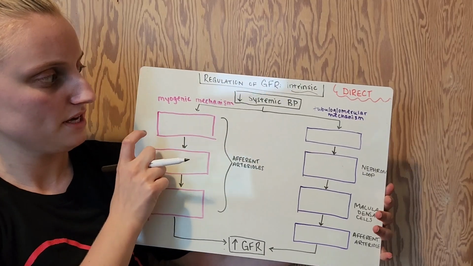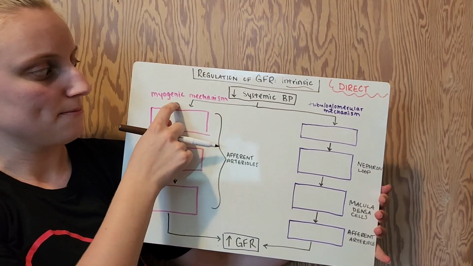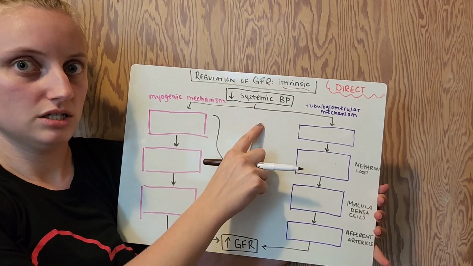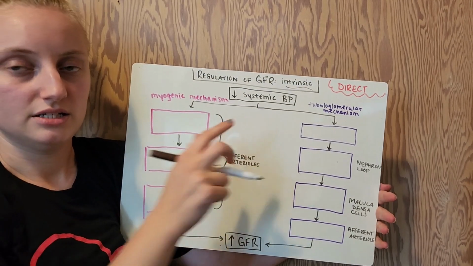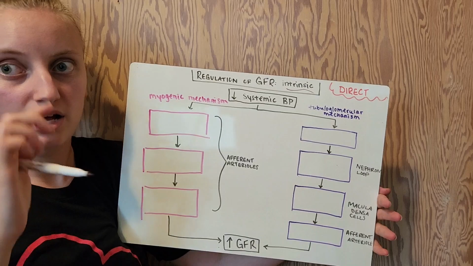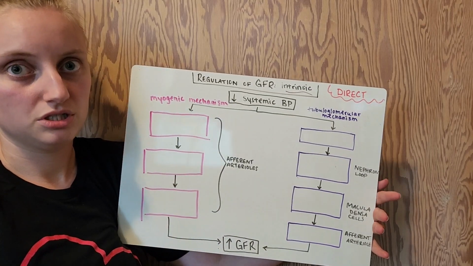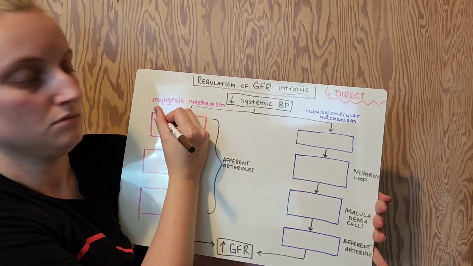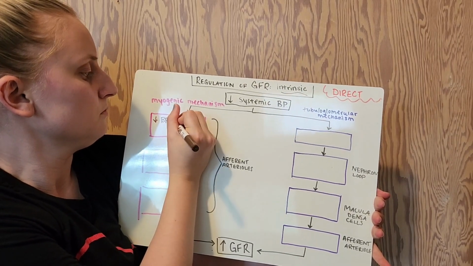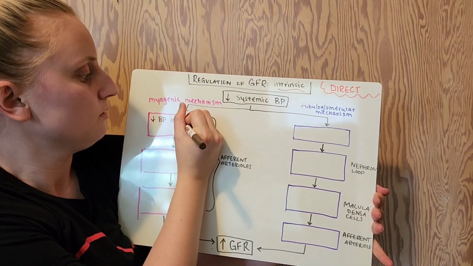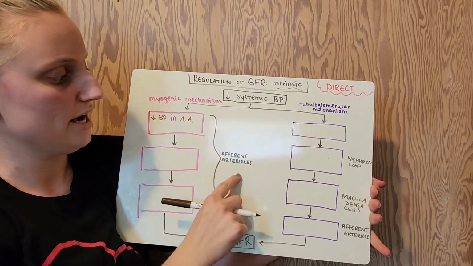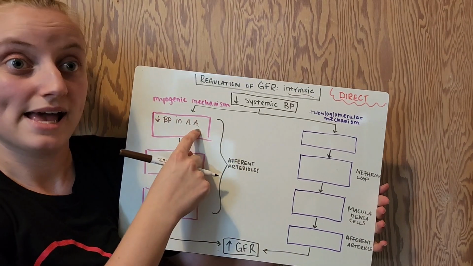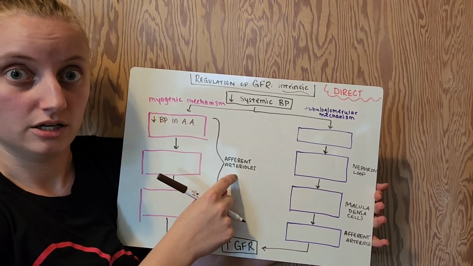So the one thing that can happen intrinsically is our myogenic mechanism. The first thing that happens when we have a decrease of systemic blood pressure is a decrease in blood pressure in our afferent arterioles, which decreases GFR. And here I have that all this is in the afferent arterioles, so I'm just going to abbreviate AA for afferent arterioles.